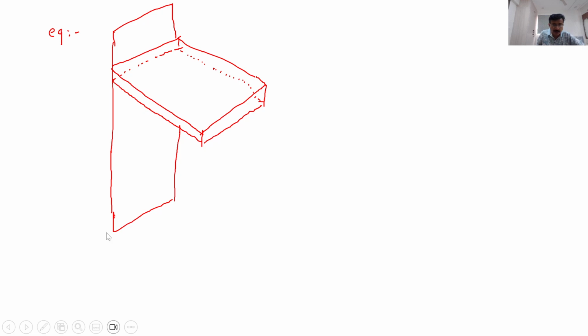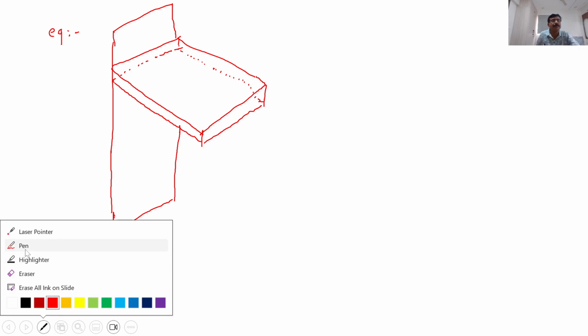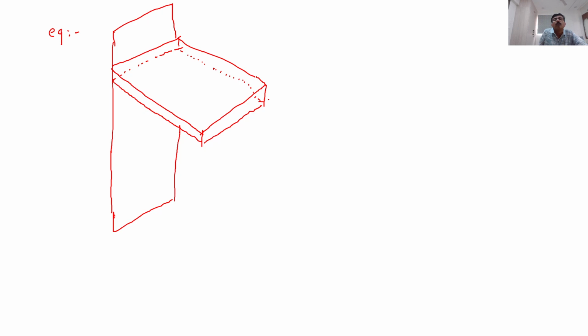Okay, now this fin has a dimension. This is the base wall. What is this? This is the tip or tip area, you can say. This is the tip of the fin. Base to tip distance is called the length of the fin.